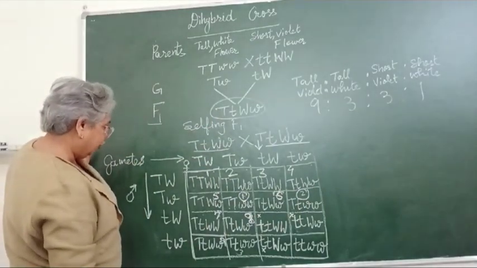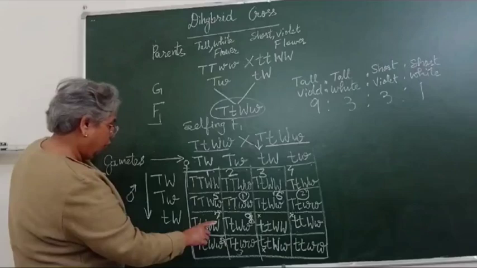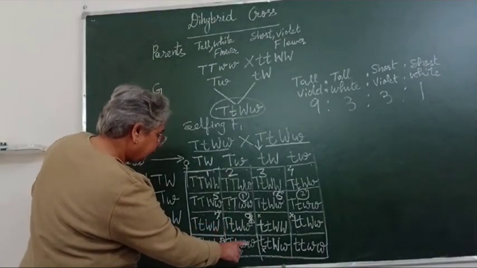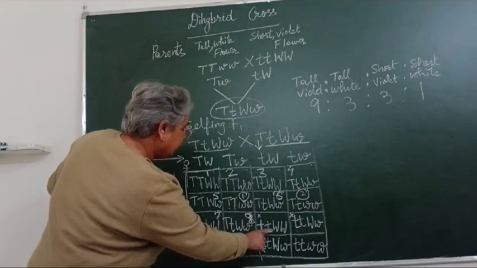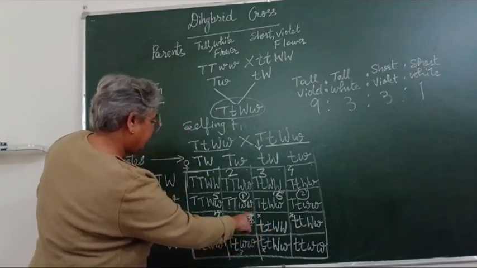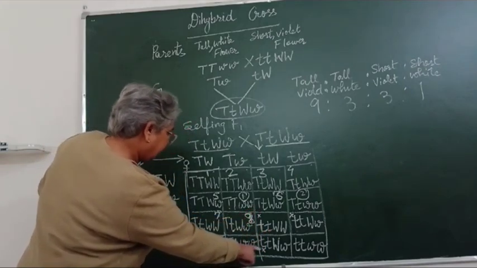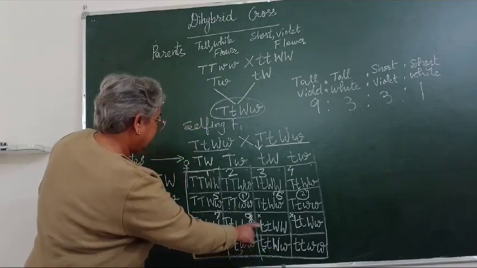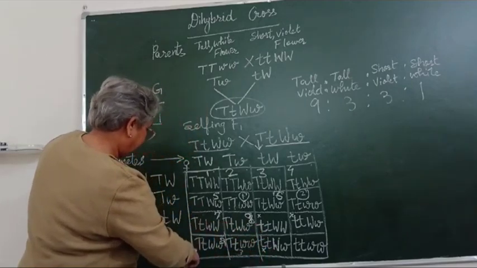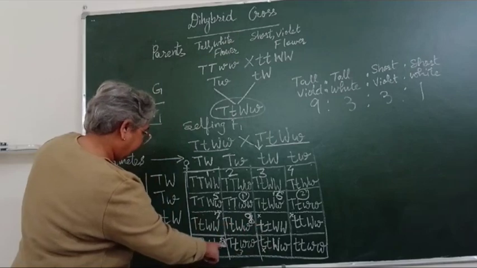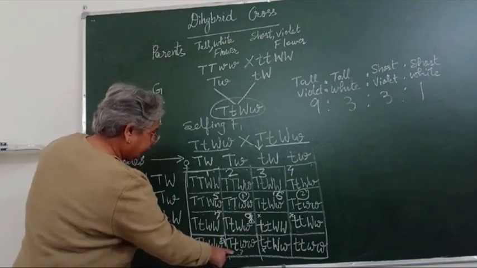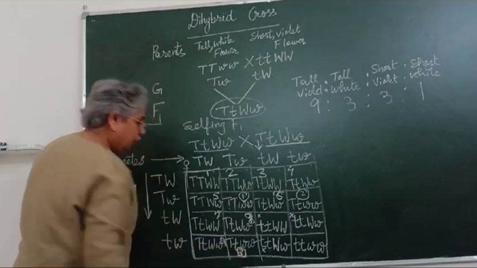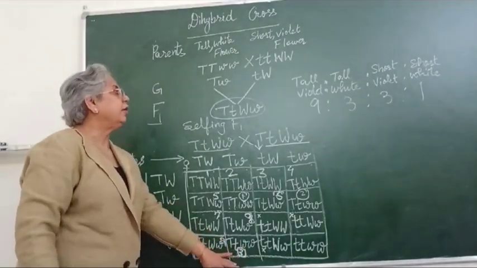And then we have to find one more, that is tall with white. Where is it? Last second. Here. No, this is short and violet, no? Second last second. Read again. Here. This is tall and white. So we have to look for these things carefully.